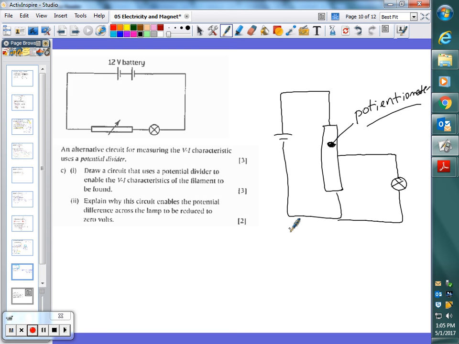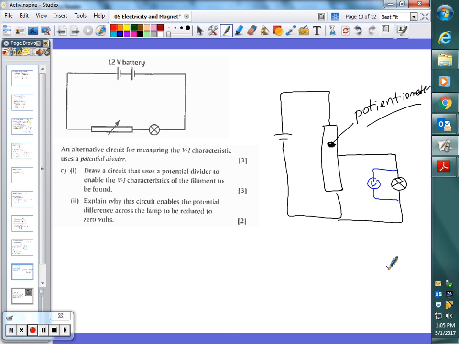And for part C(ii), explain why this circuit enables the potential difference across the lamp to be reduced to 0 volts. We talked about that. You cut off the current, right?